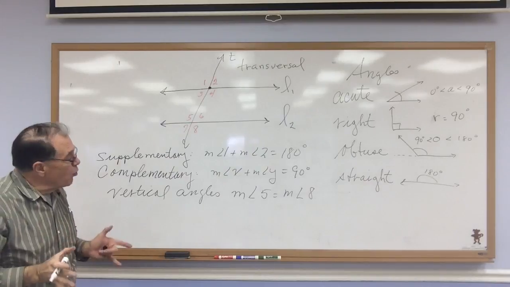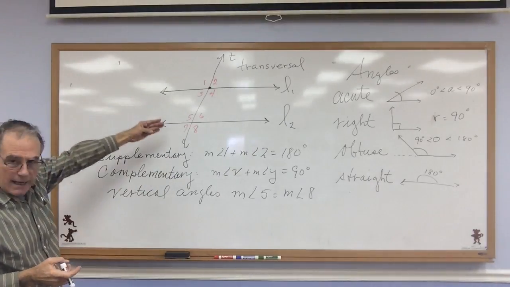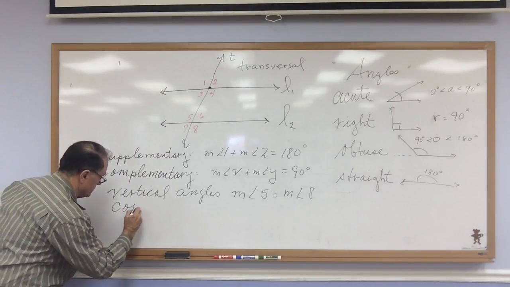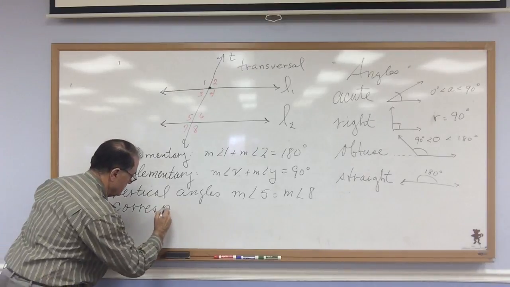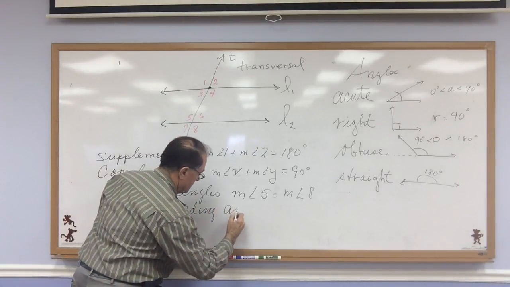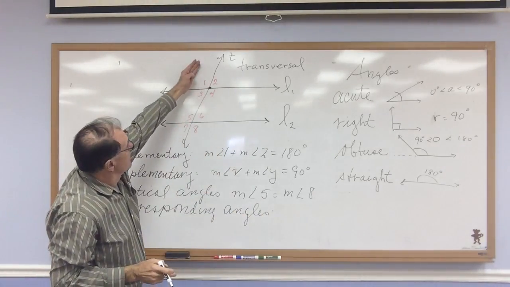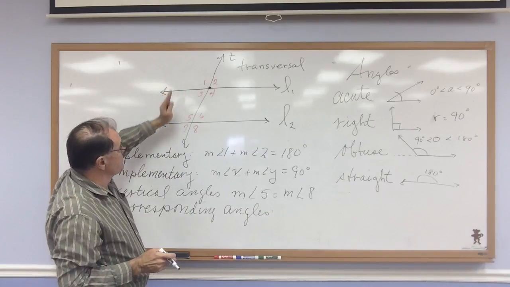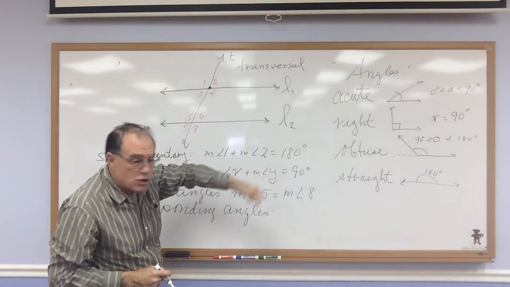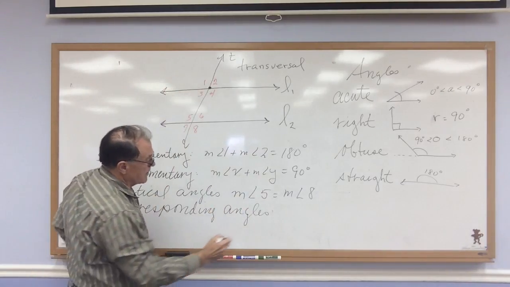Now another important pair of angles that are formed when two lines intersect are corresponding angles. Now these are angles that are on the same side of the transversal, but they are not next to each other. Example, 1 and 5 would be corresponding.